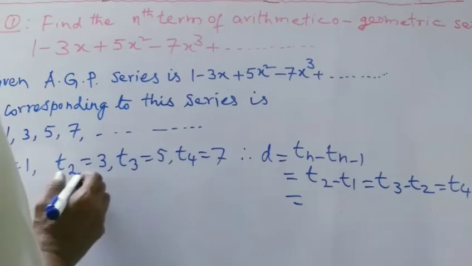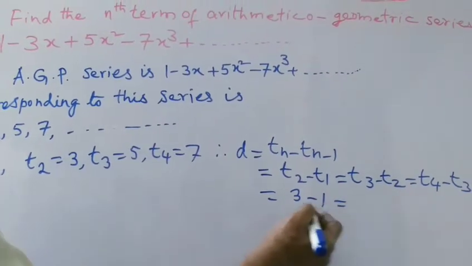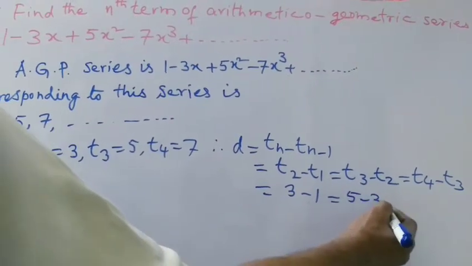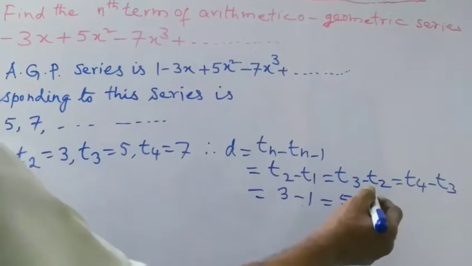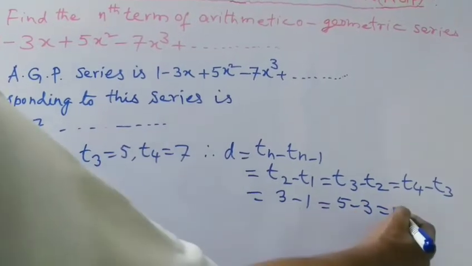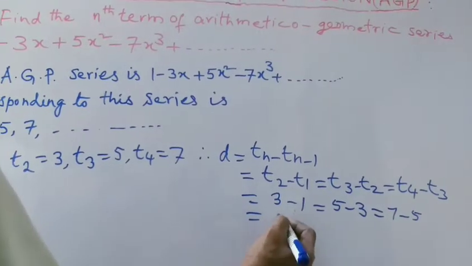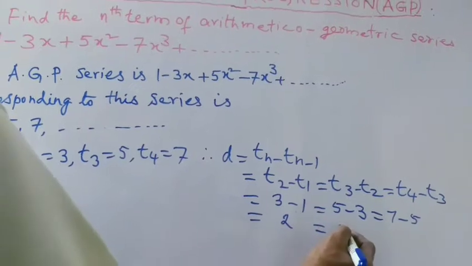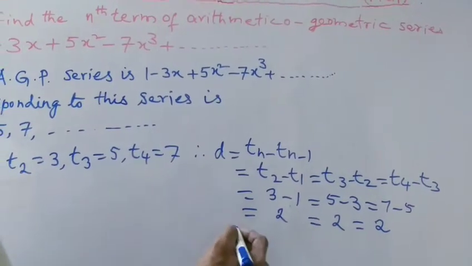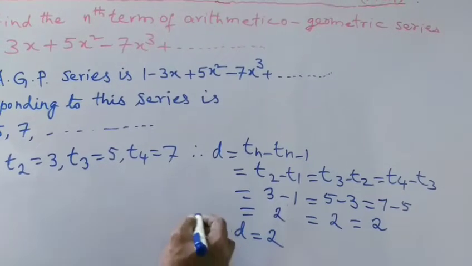So 3 minus 1 is 2, 5 minus 3 is 2, and 7 minus 5 is 2. So the common difference d is equal to 2.